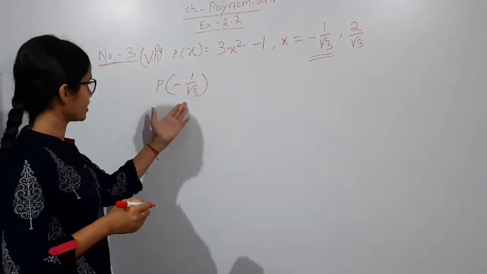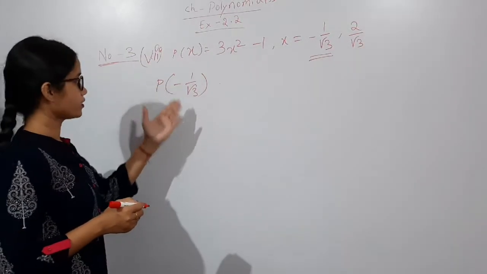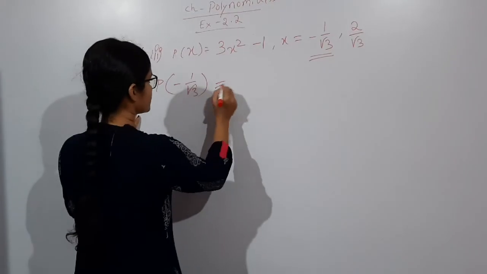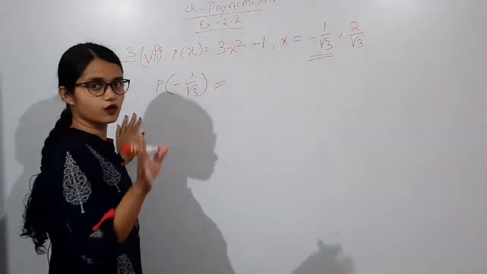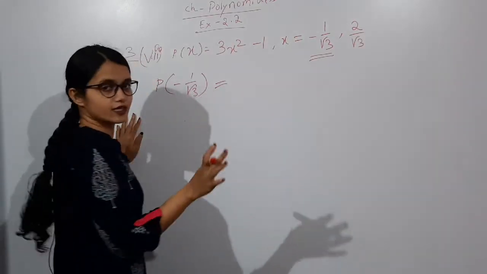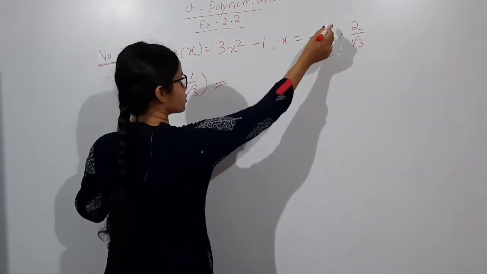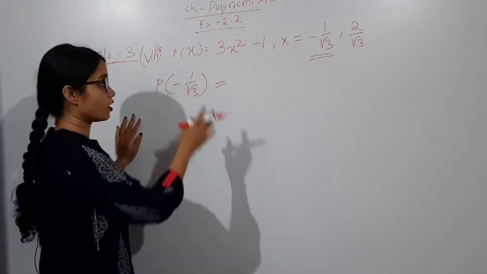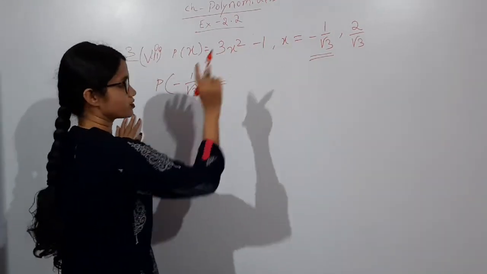So in the place of x we have to write minus 1 by root 3, and we have to check whether the value of the polynomial will be 0 or not. Okay. If the value of the polynomial is 0, then we can say that yes, minus 1 by root 3 is a zero of polynomial 3x square minus 1.